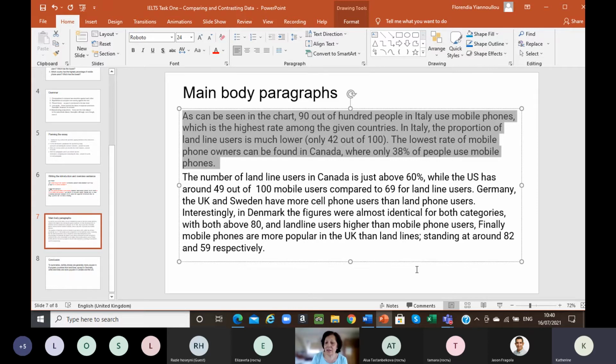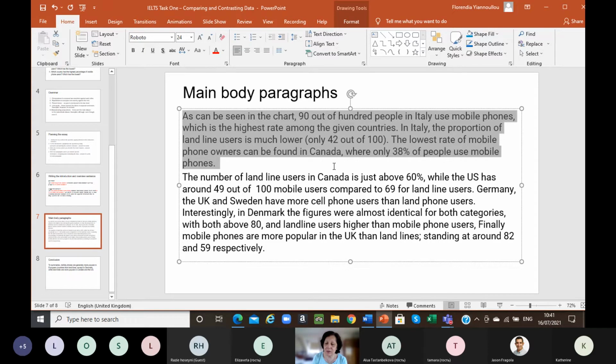So can you see, Catherine, it's quite a simple technique that you're using. So what you're using here, you've got your superlative, the highest, lower, which is the comparative, lowest, which is another superlative, and then you've got, again, the lowest, which is Canada.